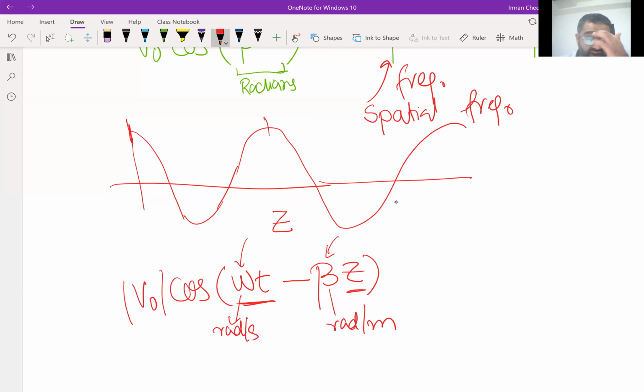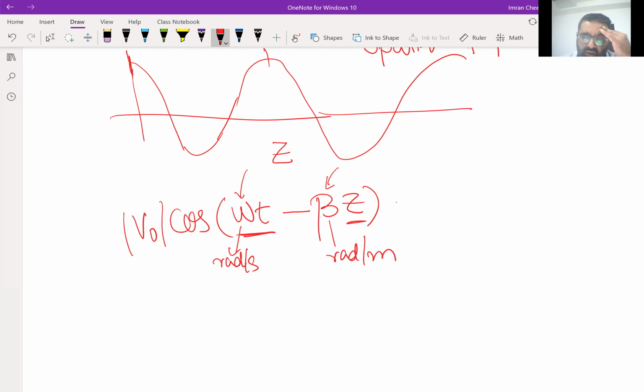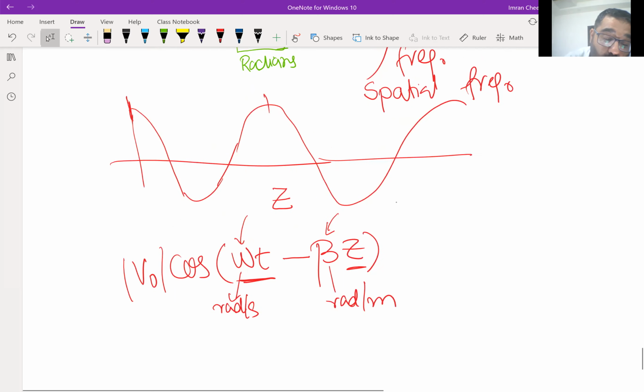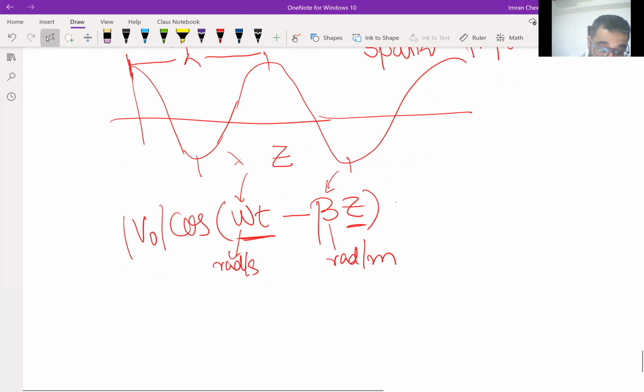Now, one thing which I want to remind you again: when we're talking about a wave, and don't forget this, we defined the distance between the two peaks as one wavelength, lambda. And the basic definition, don't forget that.